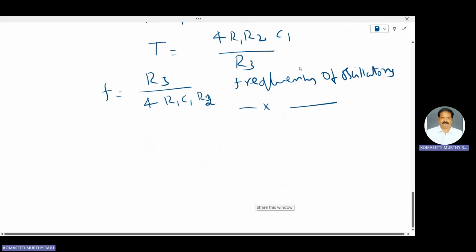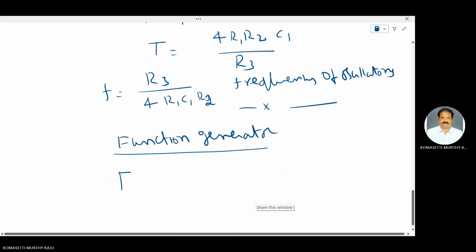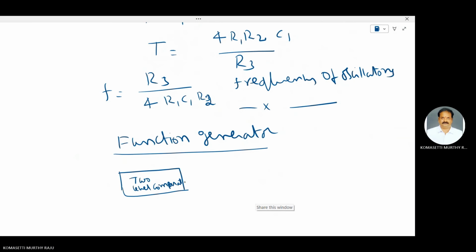Coming to the function generator. What about the function generator? The first one is a two-level comparator, a non-inverting comparator.